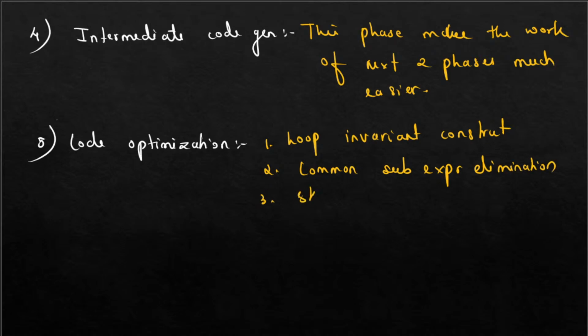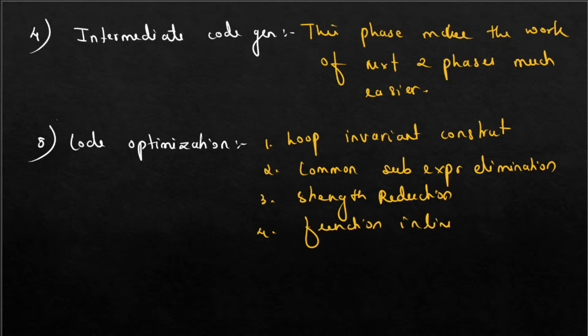Third is strength reduction. Fourth is function inlining. And fifth is dead code elimination. Okay, so let's see the next one.